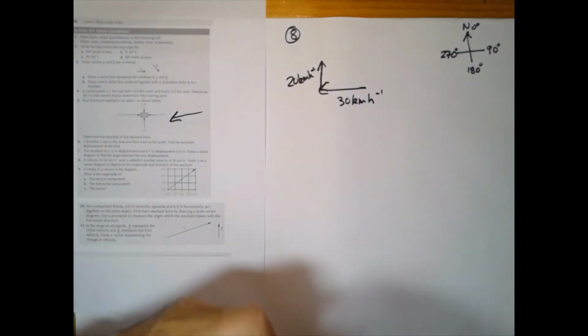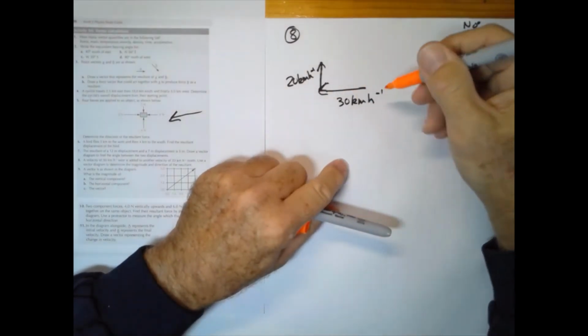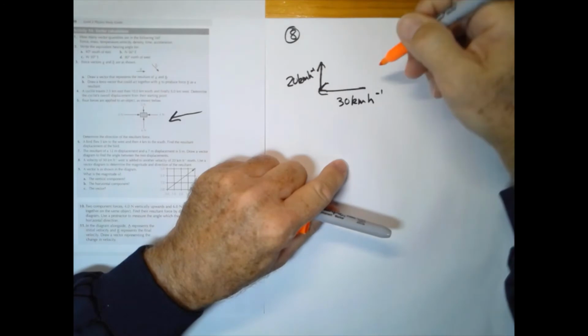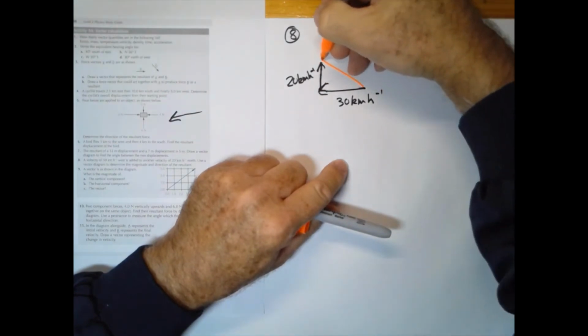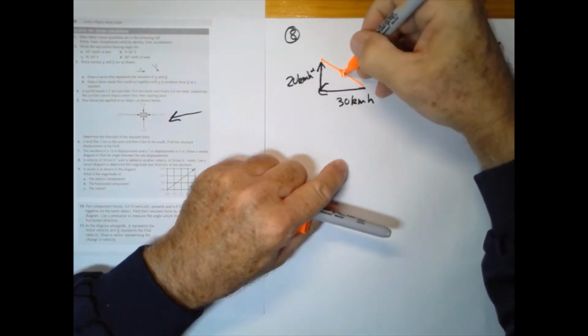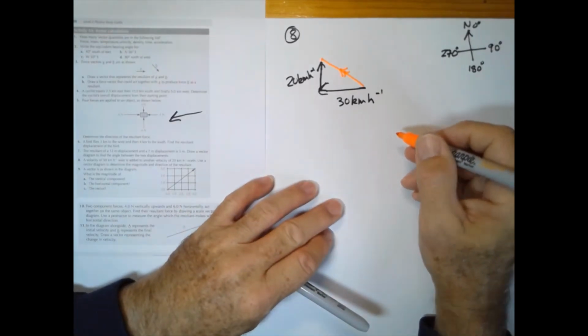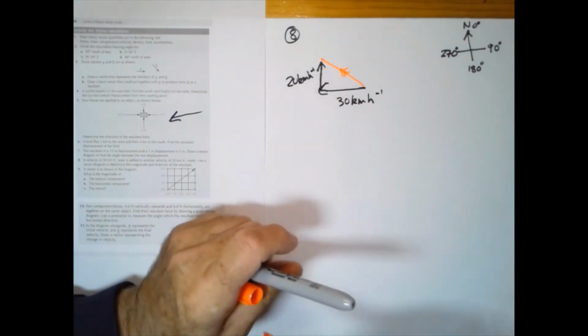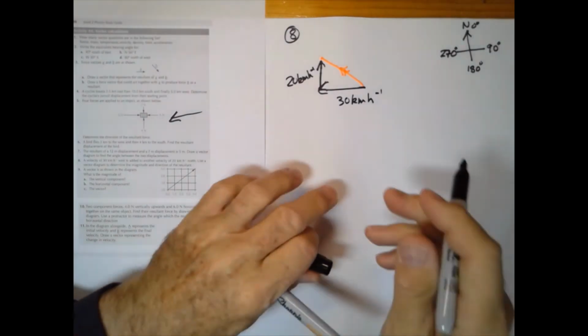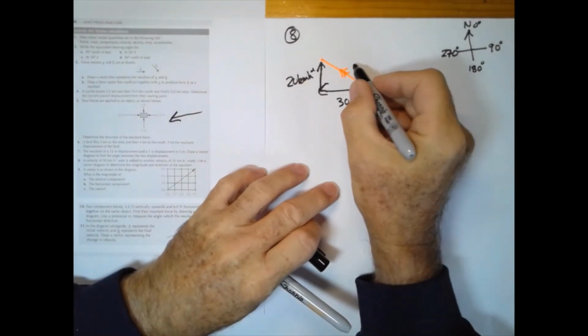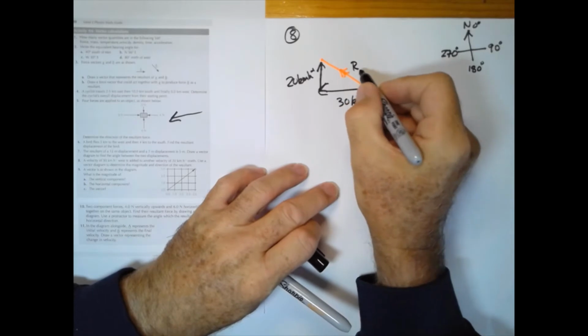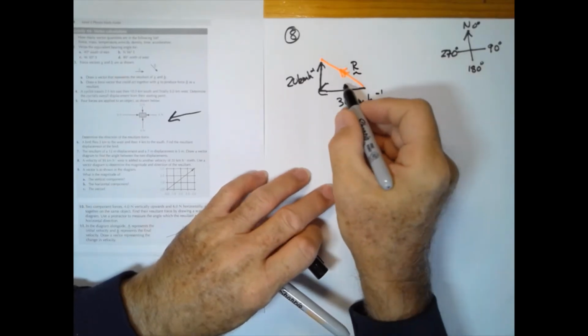So add these two together, head to tail, and the resultant vector is this vector here, and we're asked to find the magnitude and direction of the resultant. So again, to find the resultant vector, we use Pythagoras.